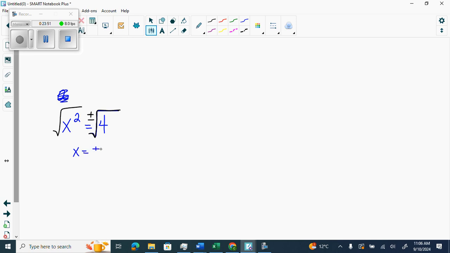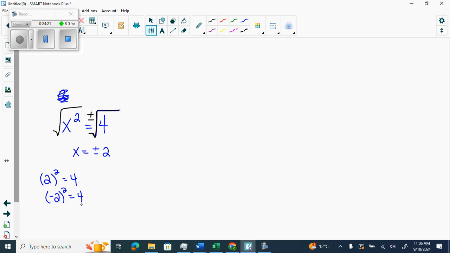Do we know why? Yep. Because negative 2 times negative 2 is also positive 4. They both result in a positive 4, right? If I work them backwards to solve this, 2 squared is 4, but negative 2 squared is also 4. Exactly true. Same thing works with 4th roots, 6th roots, 8th roots, any of the even roots.